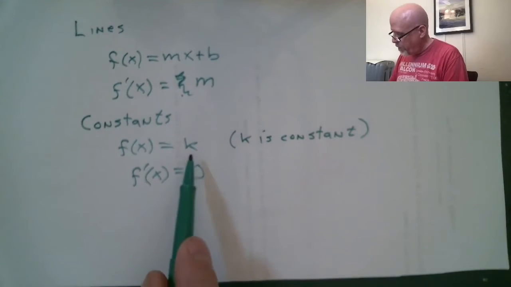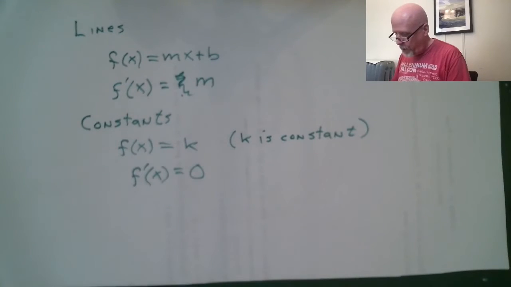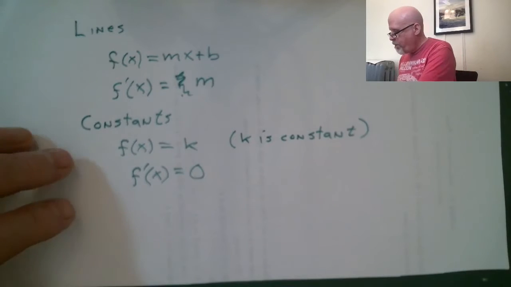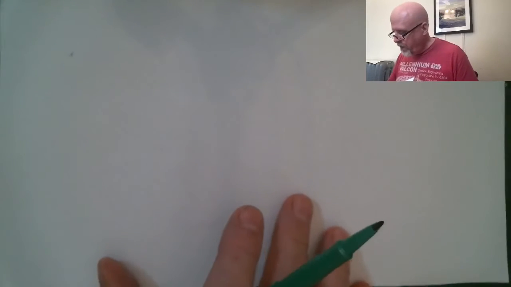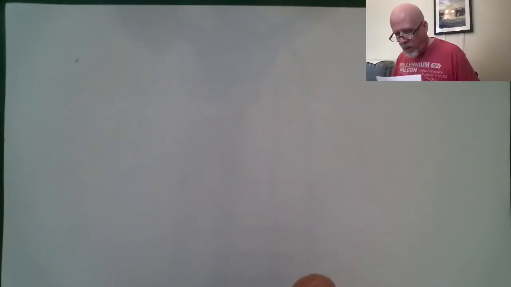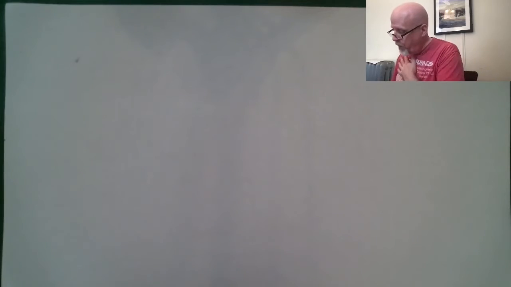But just a plain constant gets all the way down to 0. Okay, so those are the no computation examples to think about. The equations of lines turn into just their slope, and if the function is a constant, it just goes to 0.